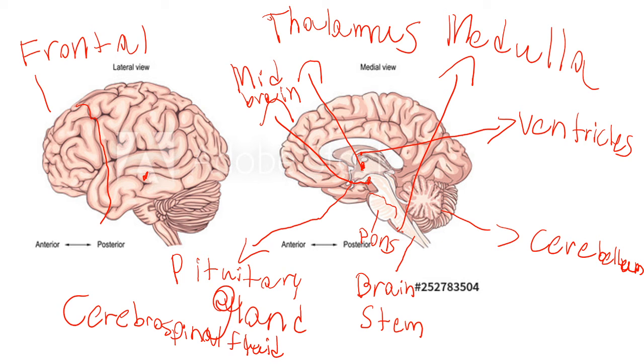We're going to get more in depth about this in the upcoming videos, but that's basically what the ventricles do. That's the main thing they do, the production of that. And the medulla, as we talked about, is a section of the brainstem.